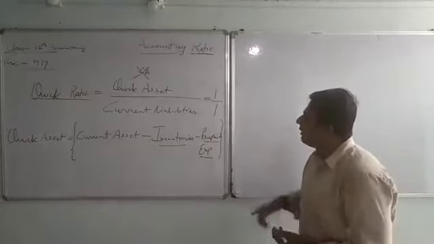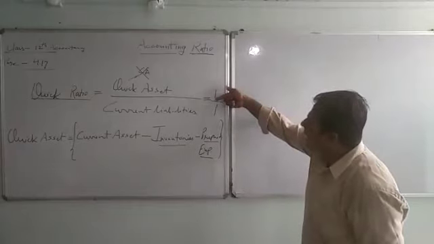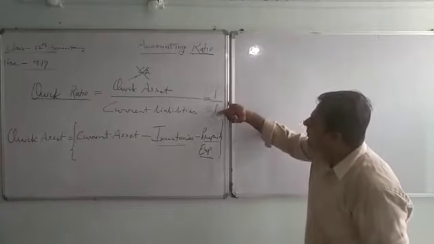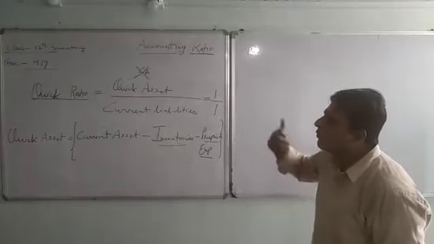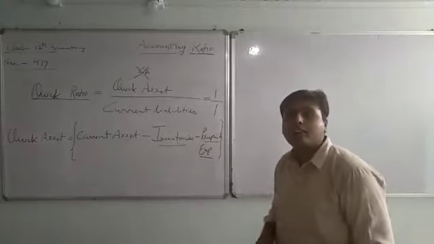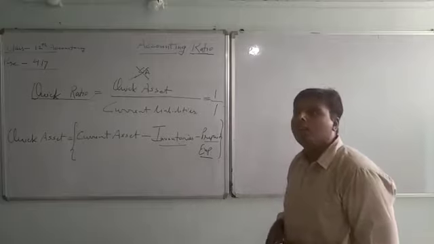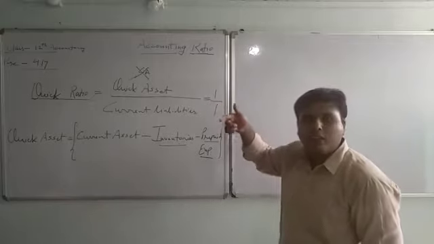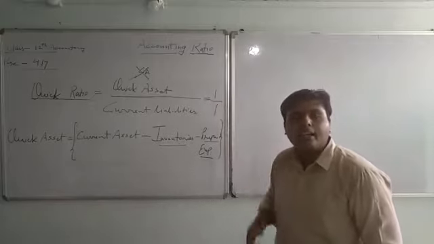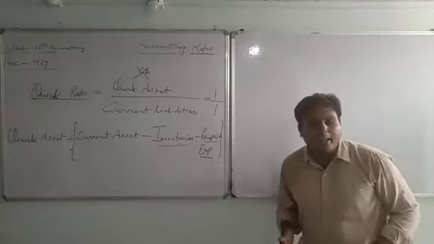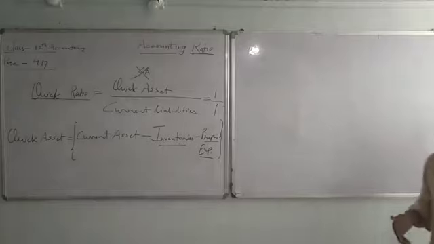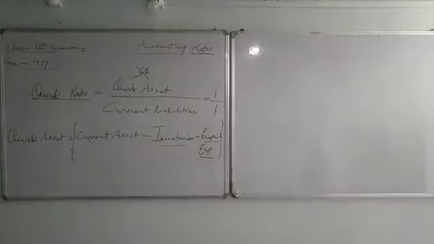That means quick asset is equal to current liability. As we have seen earlier in the current ratio, current asset was twice the current liability, that was its ideal ratio. So now we will solve some practical examples of quick ratios.